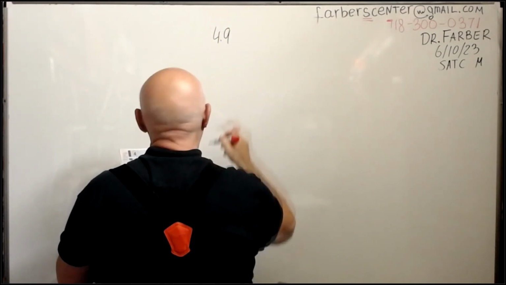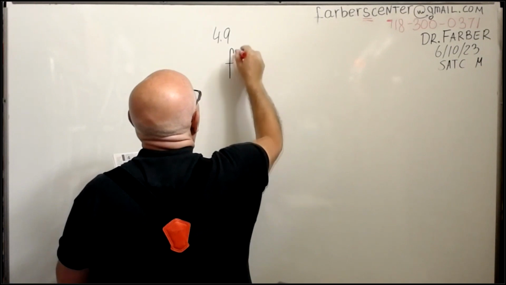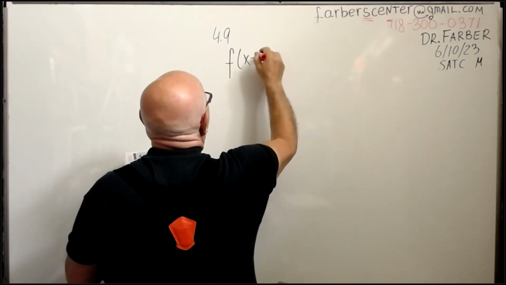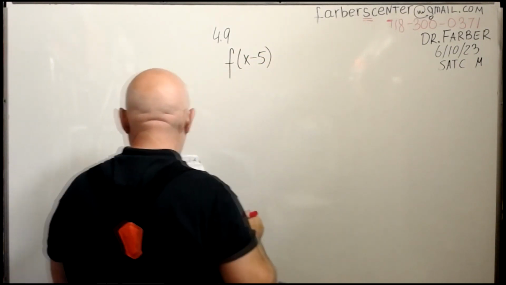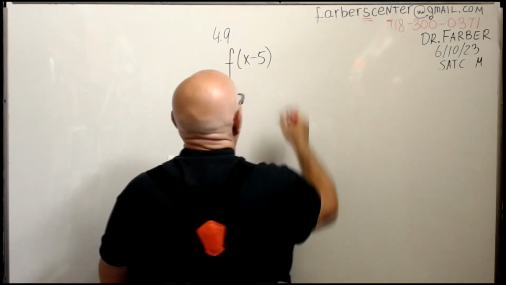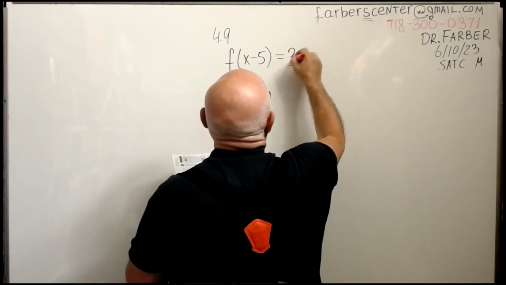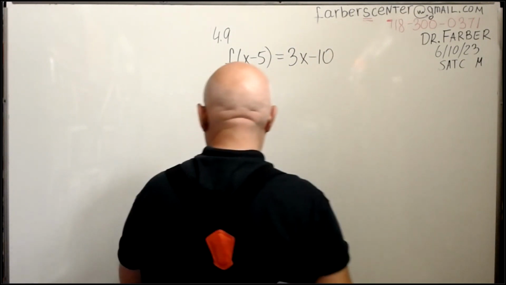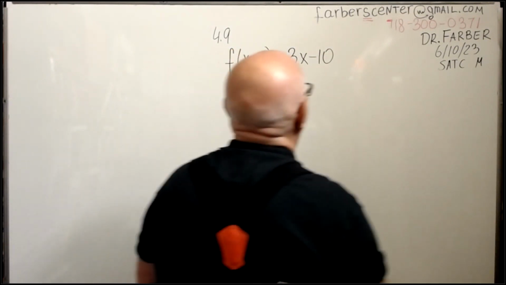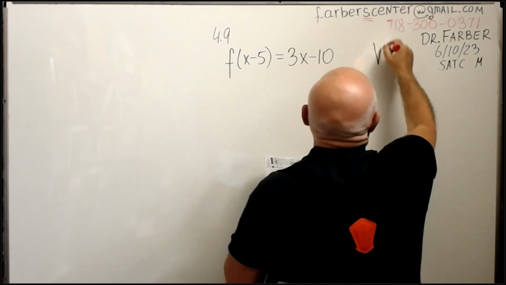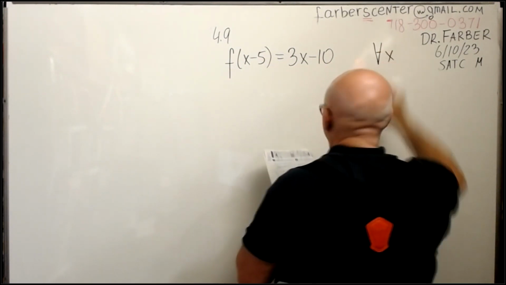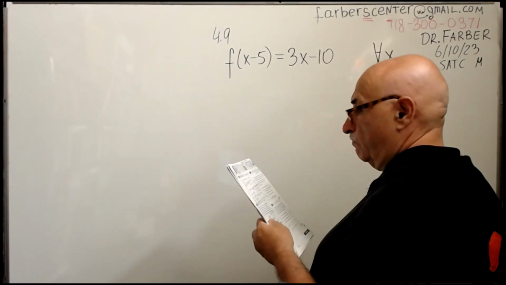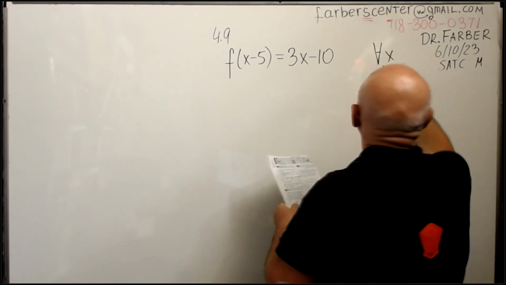We have a function f of x minus 5 equals 3x minus 10, for all values of x. Find f of negative 2.